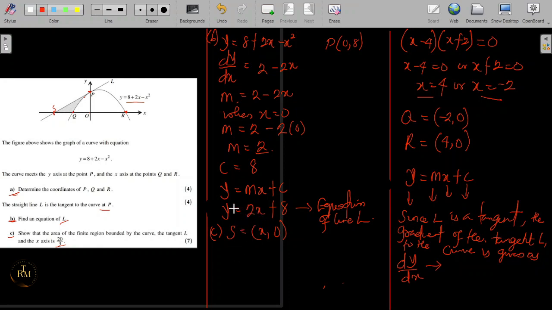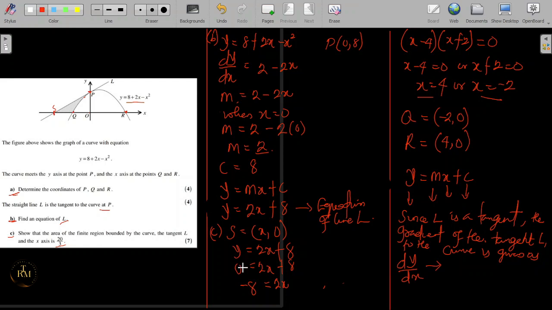So what I'm going to do now, from this equation, y equals 2x plus 8, which is the equation of this straight line, is fix the value of y to be 0 and get the value for x. So I have 0 equals 2x plus 8. So minus 8 equals 2x.